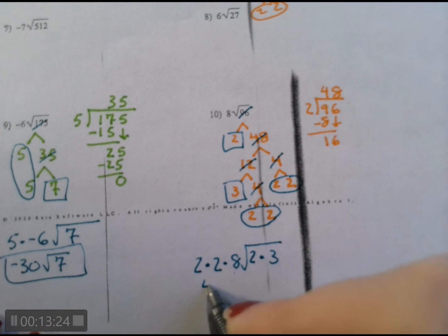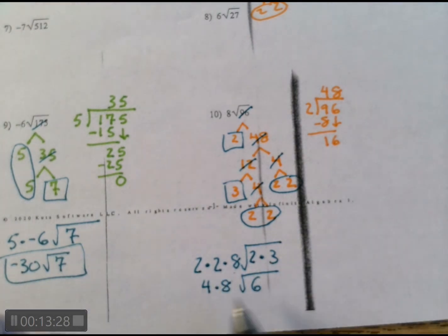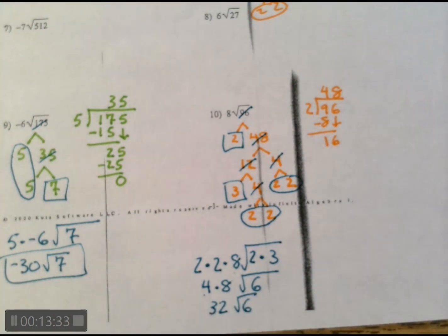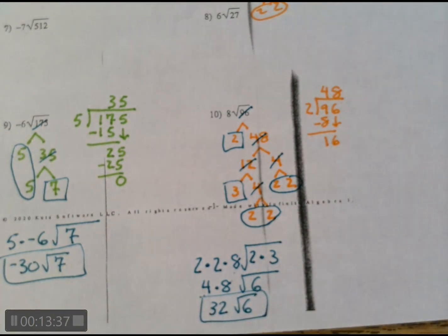So 2 times 2 will give me 4 times 8, 2 times 3 will give me 6, 4 times 8 gives me 32 square root 6. Awesome.